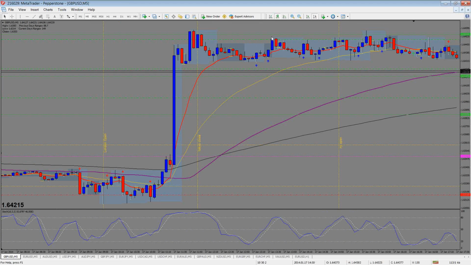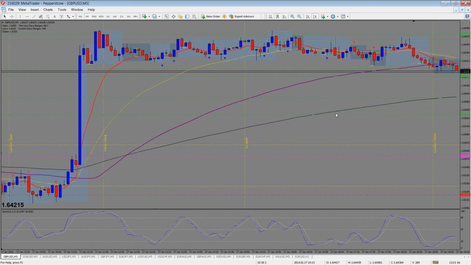I should not have entered any trade in this zone right here, because it's just done nothing. Let the pair break one way or the other and come back at least 50% of this candle before it starts making its decision. And I didn't do that.